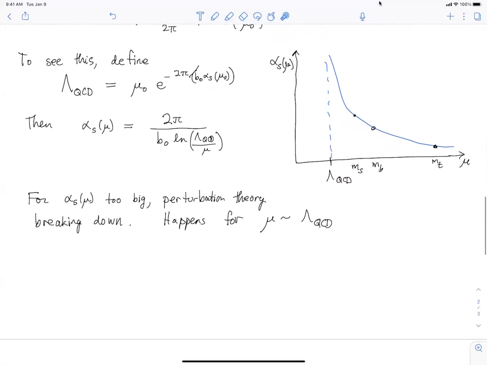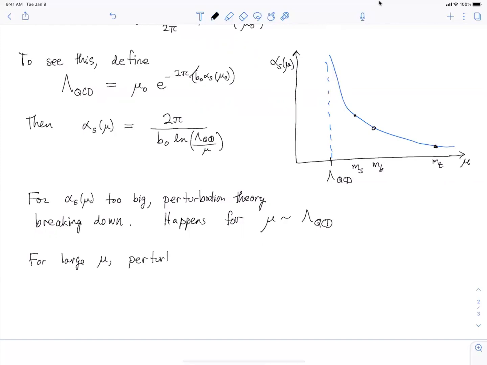Okay, so another way of saying that is for large mu, that's the characteristic energy of the experiment, perturbation theory gets better. And the code words that go with this are, this is asymptotic freedom.